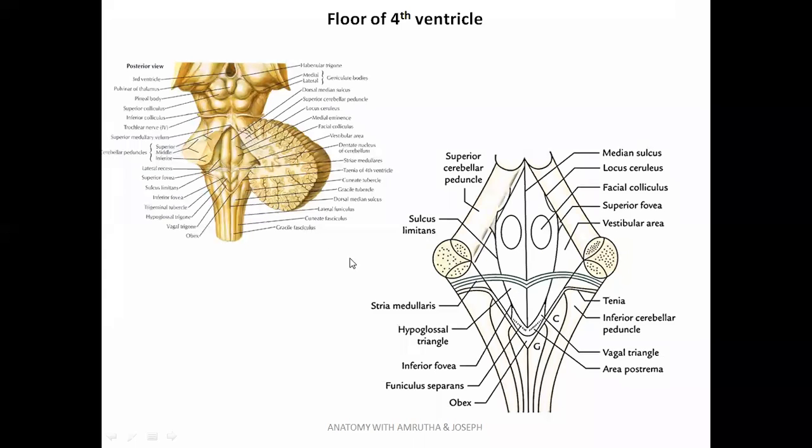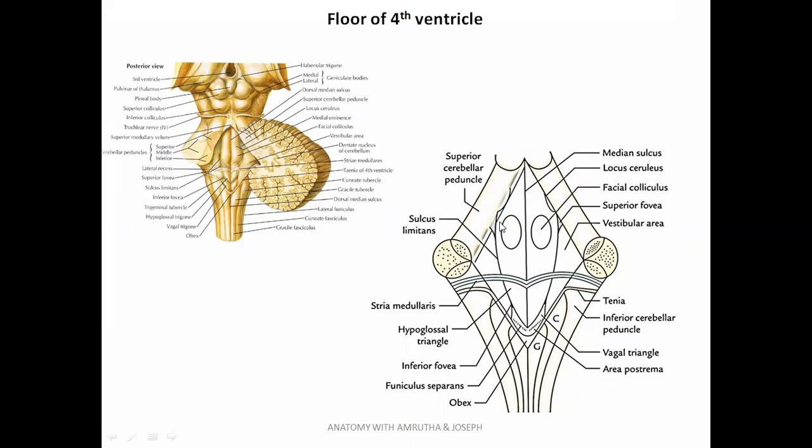Then what else can you see? You might have studied all these things, but I don't know whether you can remember, so let me make it simpler. There's a median sulcus.